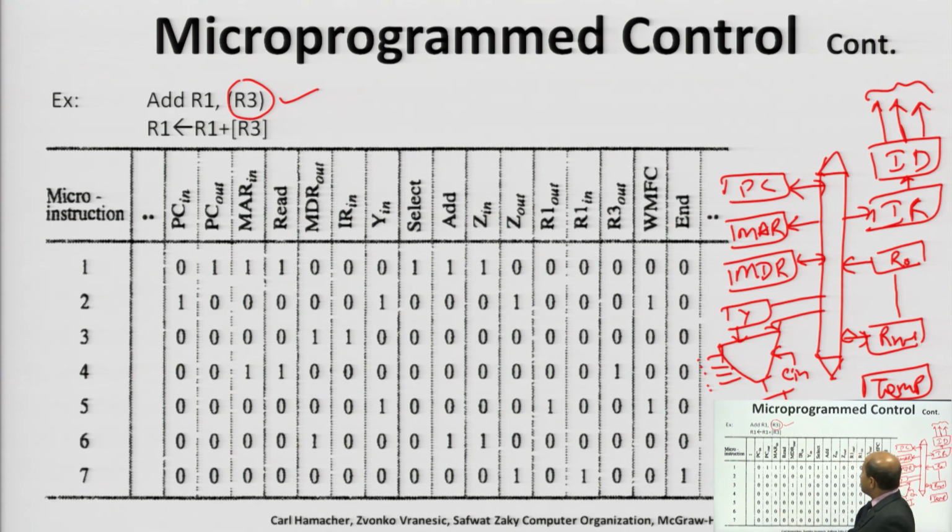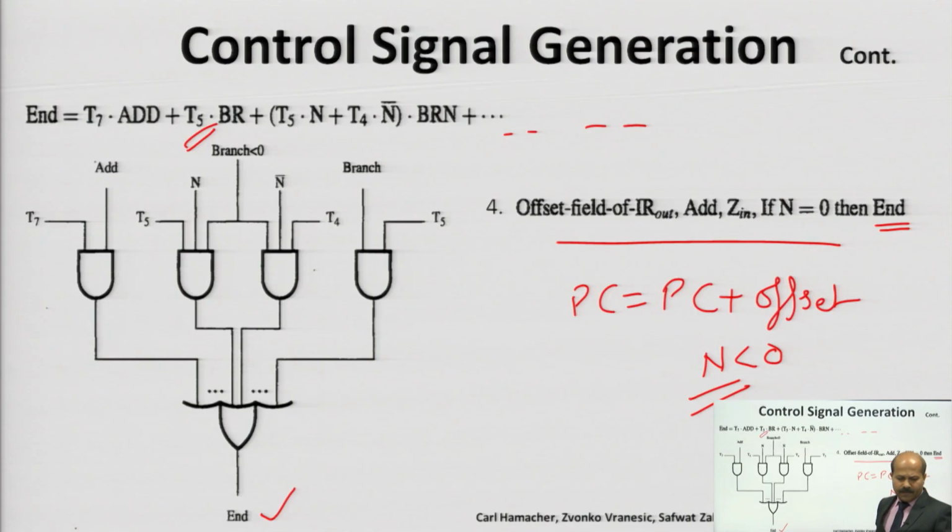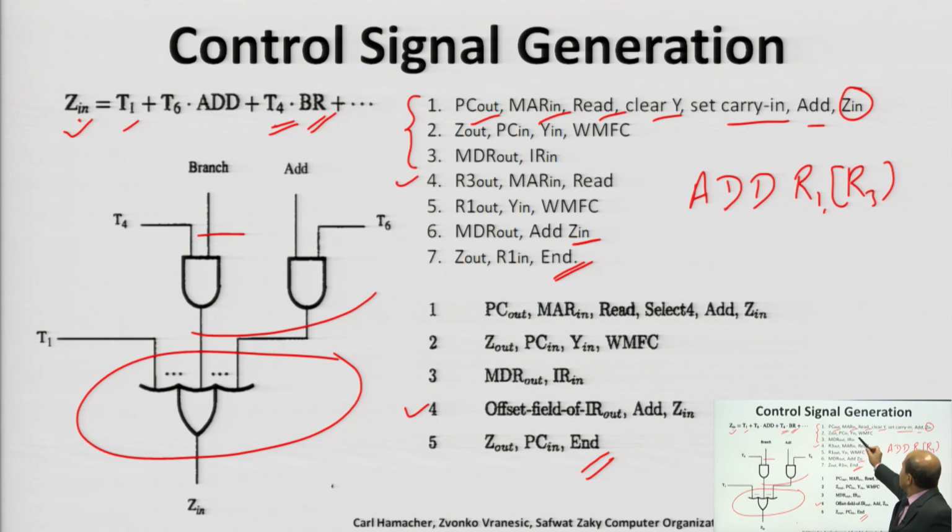In the second step you can see PC in was enabled, Y in is enabled, Z out was enabled and the WMFC signal was enabled.